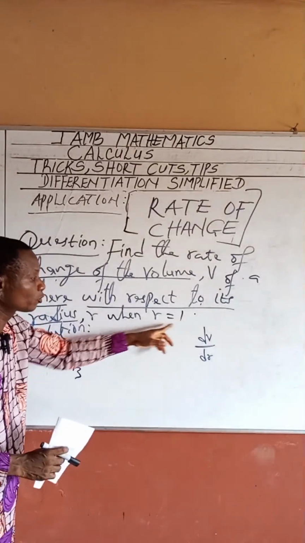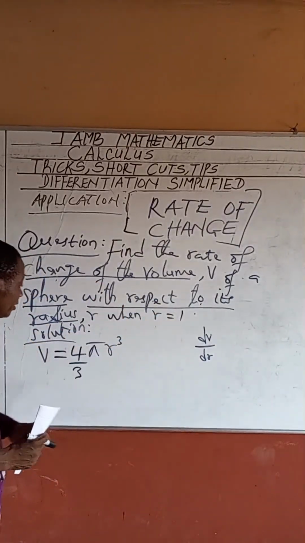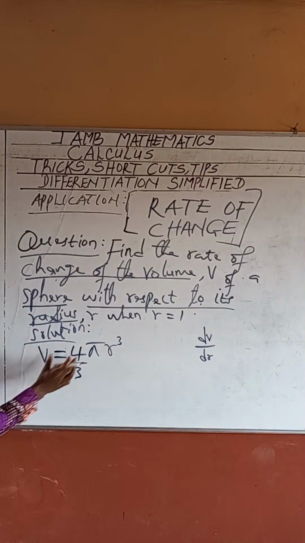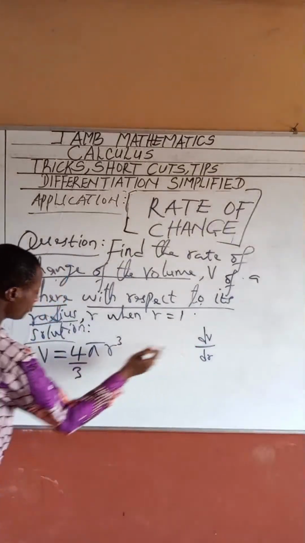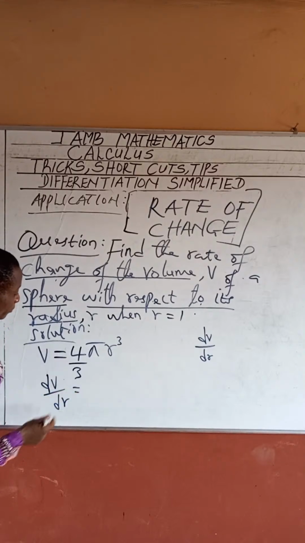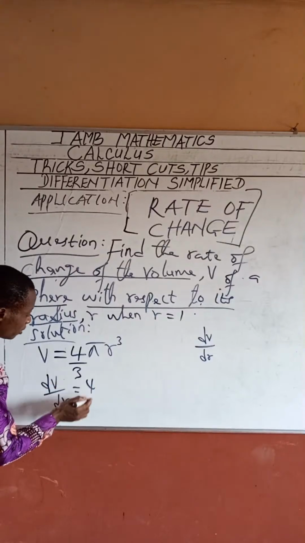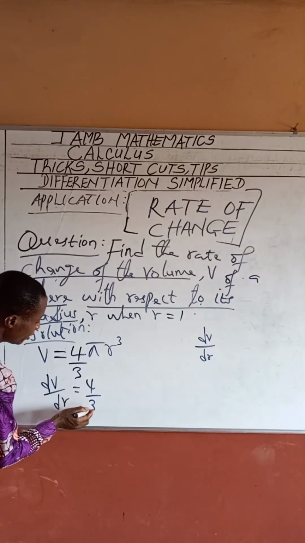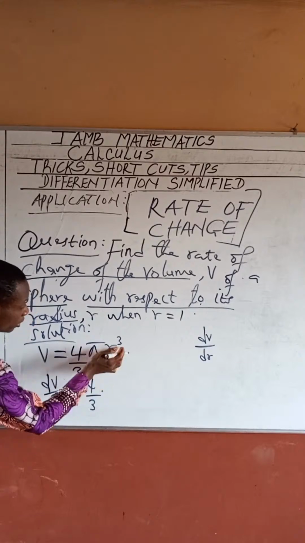Remember, we are told that r is equal to 1. But this is what we have to do. What's our dV/dr? dV/dr is equal to 4/3 times π, bringing the power 3 down.